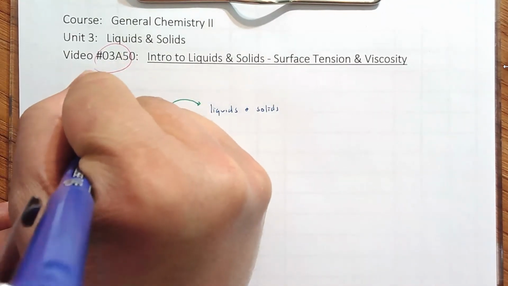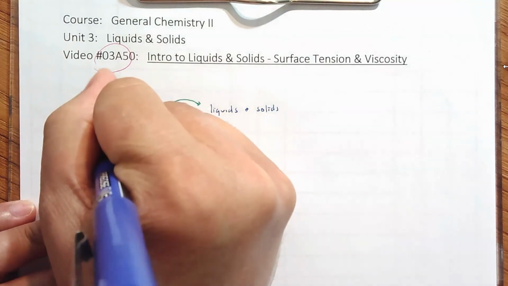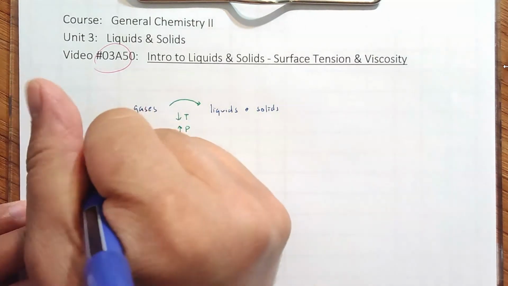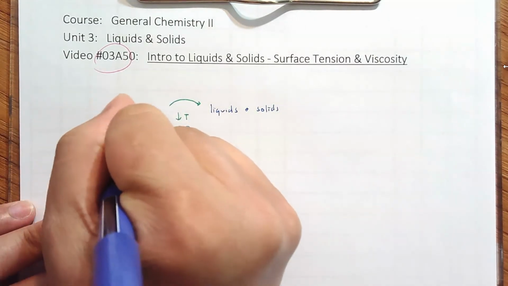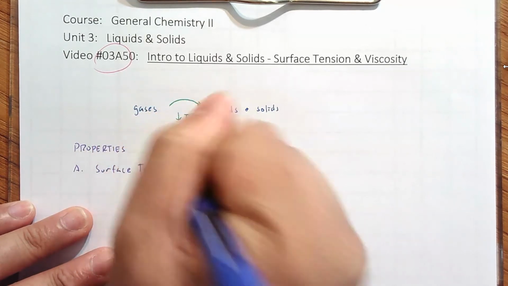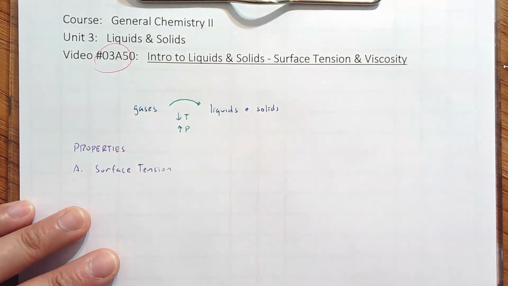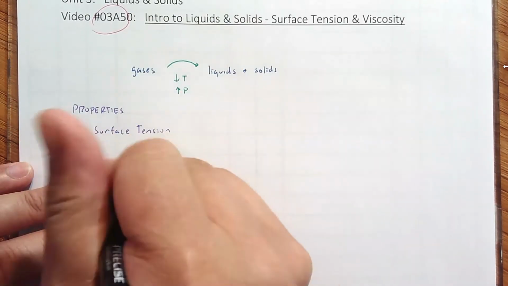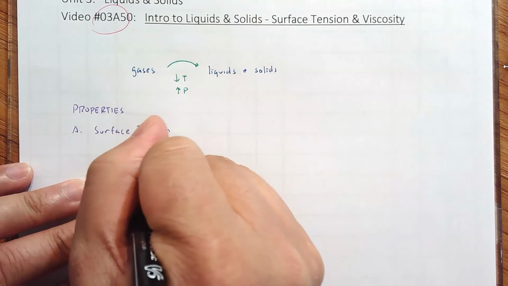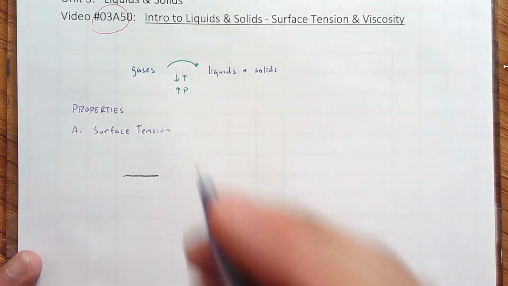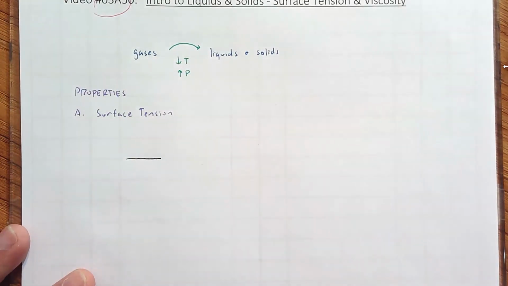Okay, we'll talk about properties in the first couple of videos, and namely properties of liquids first, and we have here surface tension. If we take a look at maybe a drop of water on the table, that water is not going to spread out all the way to the edges into a very thin layer.